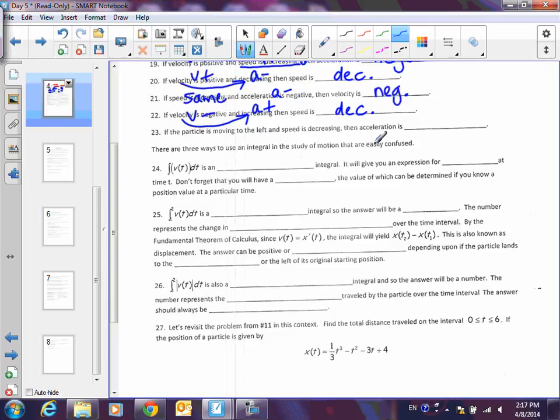Positive? Let's break it down. If the particle is moving to the left, that tells us that velocity is negative, right? Speed is decreasing. When they talk about speed, it's opposite signs or same signs. Decreasing would be opposite signs. So acceleration must be positive. And you can use the signs, negative and positive, like that as well.